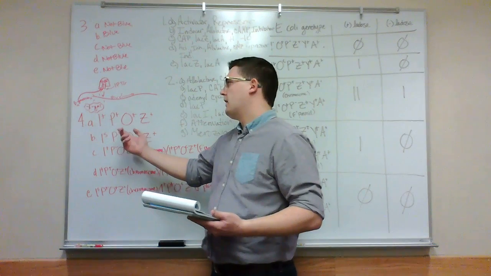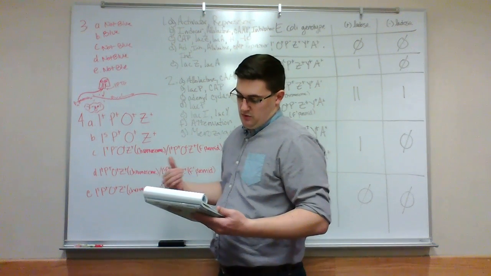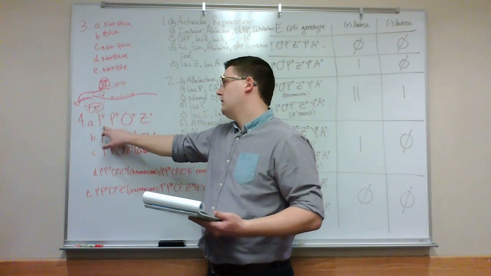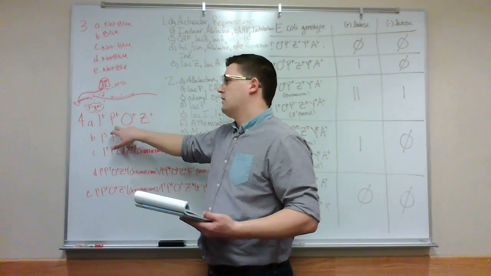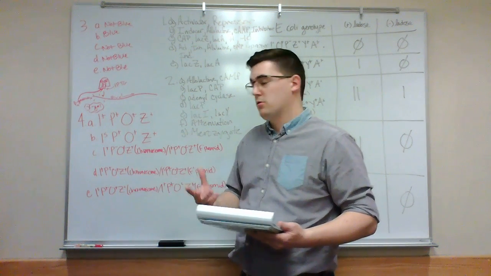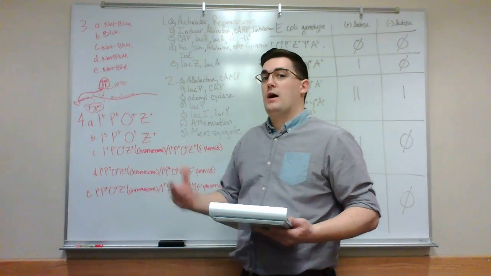So if you look at the I, for example, for A, if it's an I plus, that means the repressor is made. If it's a P plus, that means the polymerase, the RNA polymerase, is active and will run through. And the O plus means that the repressor will bind.